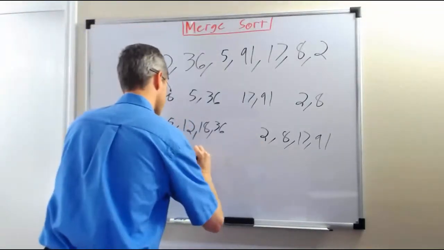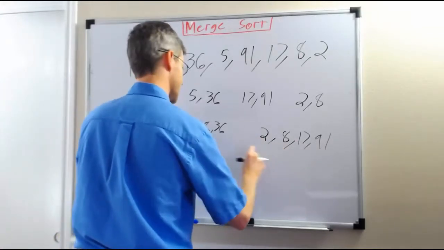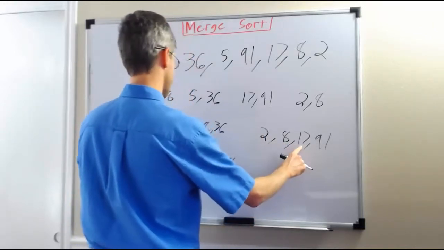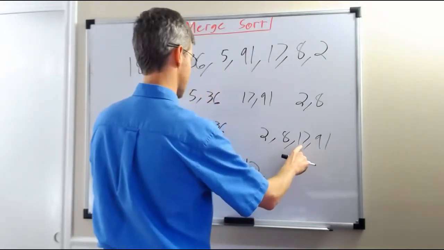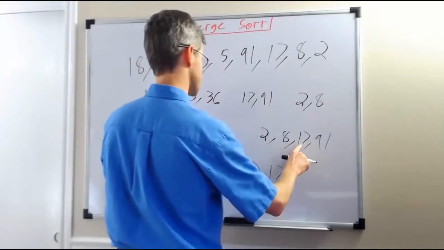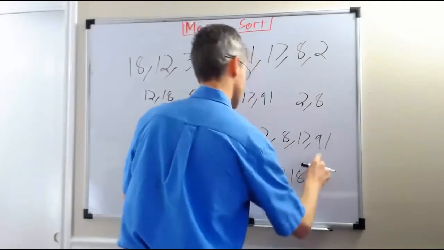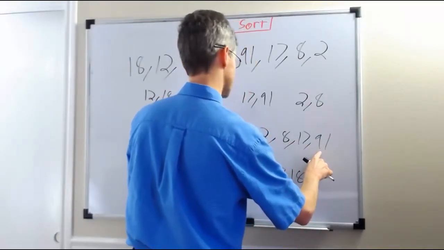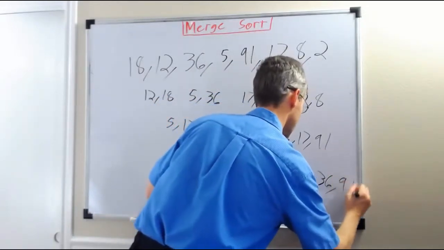So out of 2 and 5, we take 2, and then out of 5 and 8, we take 5, and then out of 12 and 8, we take 8, and then out of 17 and 12, we take 12, and then out of 18 and 17, we take 17, and then out of 91 and 18, we take 18, and then out of 91 and 36, we take 36, and lastly that leaves only the 91.